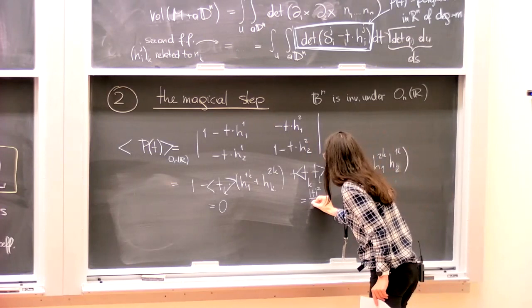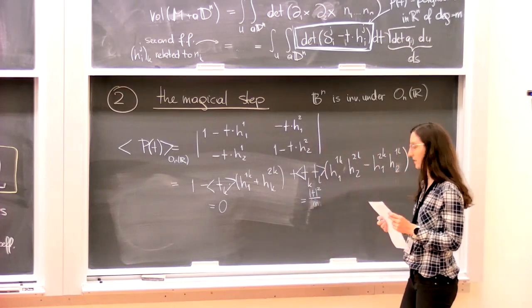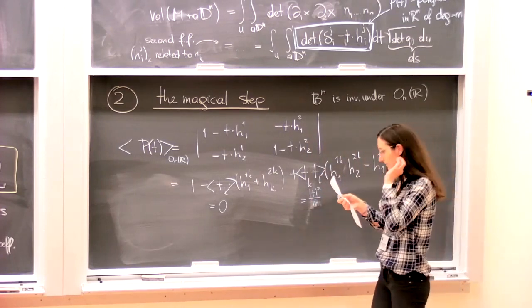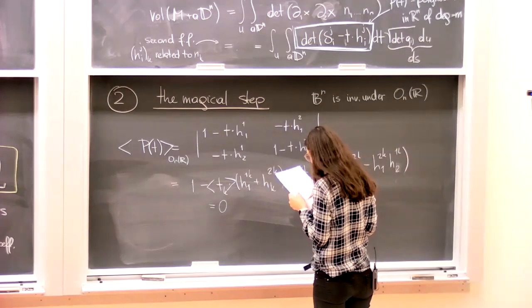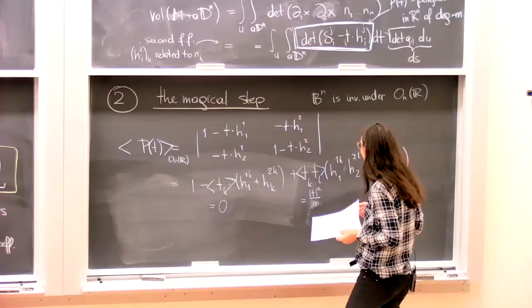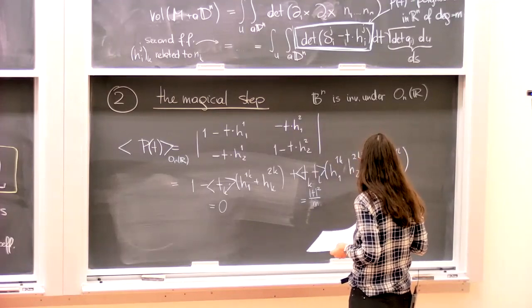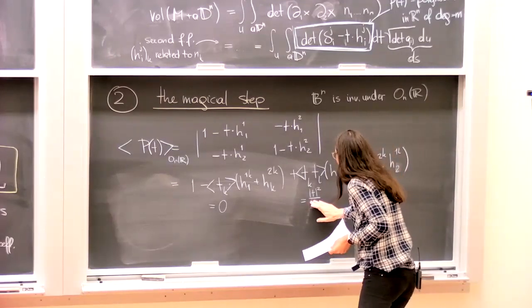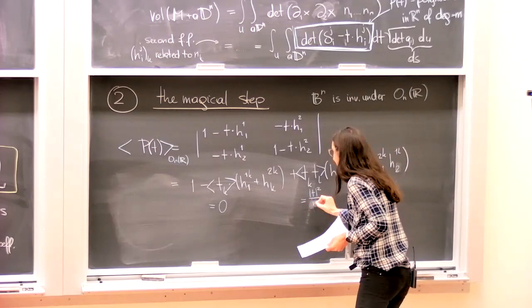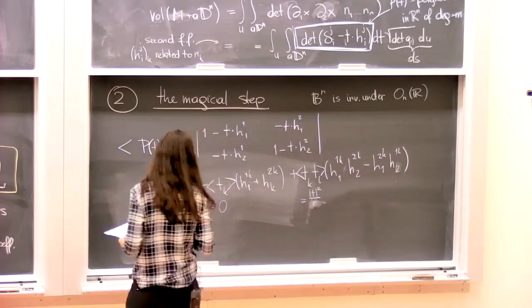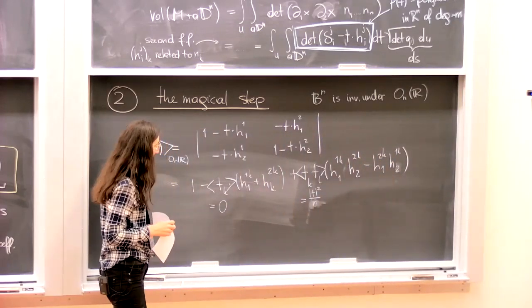Or n, sorry, I'm getting confused with my indices here. No, it should be n, because I have n. Yeah, that's right. Okay.